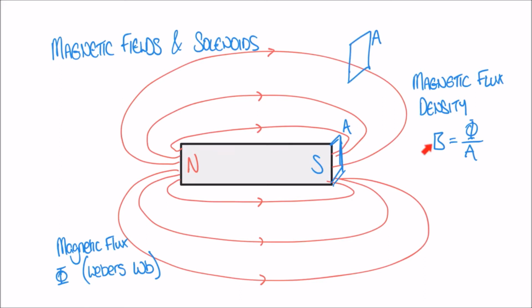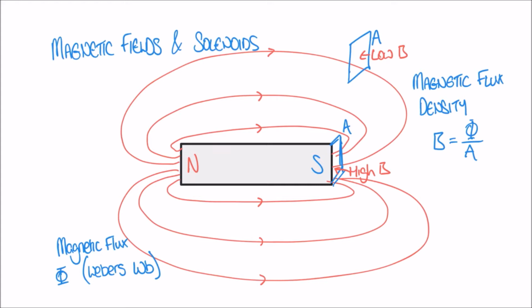And so B, the magnetic flux density, is going to be very low. Whereas in a different area, I have quite a high magnetic flux divided by roughly the same area, and so the magnetic flux density is going to be high in this instance. So I could mark on my diagram here that this is an example of low B, and this is an example of high B, high flux density.